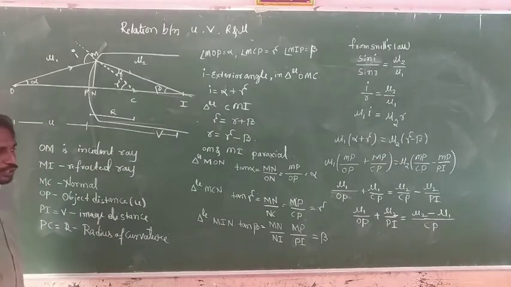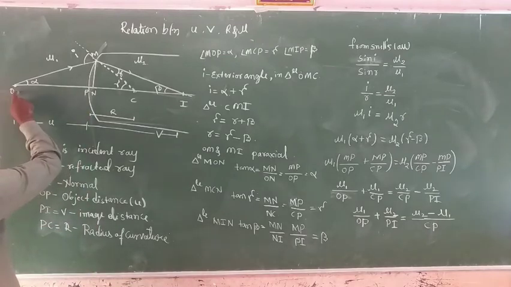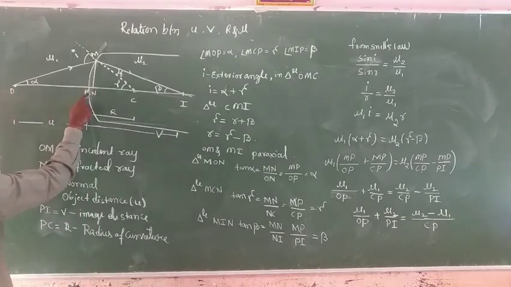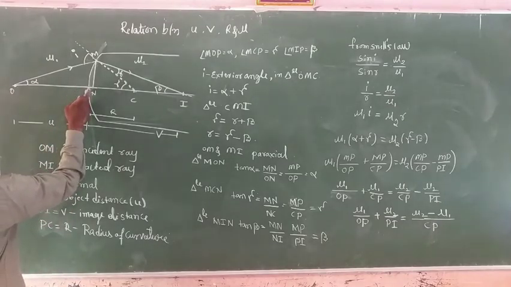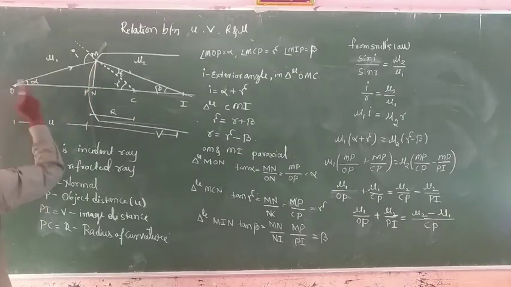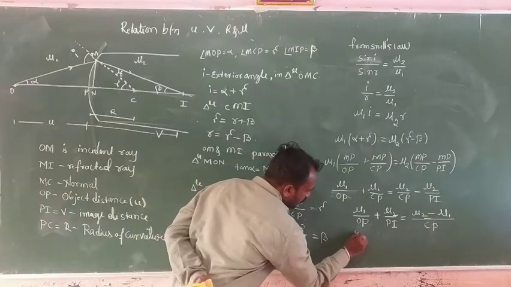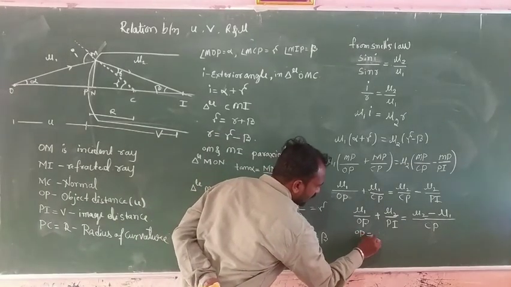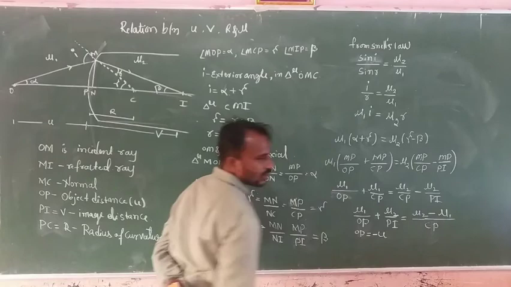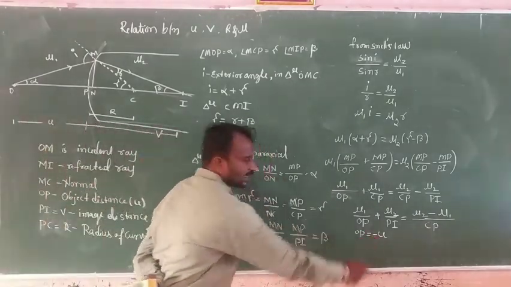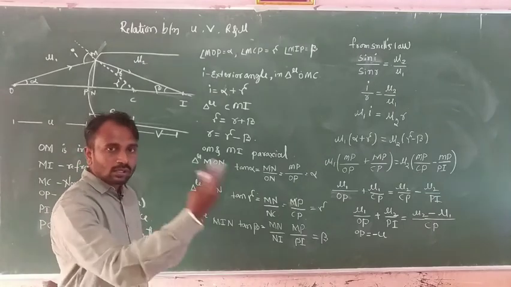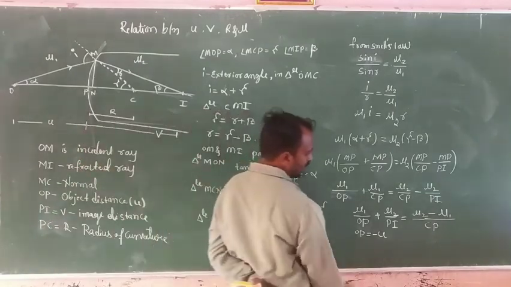According to sign convention, distance is always measured from the pole of a mirror or optic center of a lens, so here from the pole of the refracting surface to the object. This we consider negative. OP is the object distance, minus U, opposite to the incident ray. So we consider the object distance as minus U.